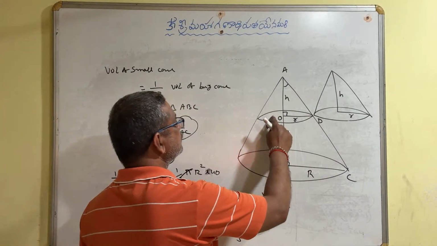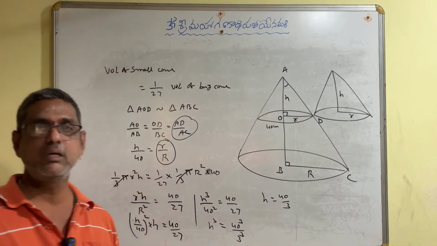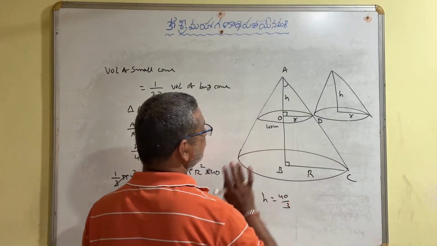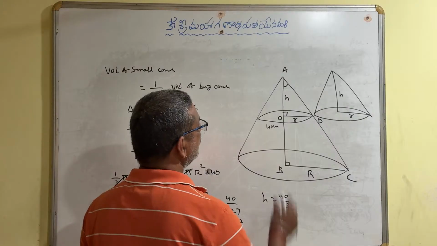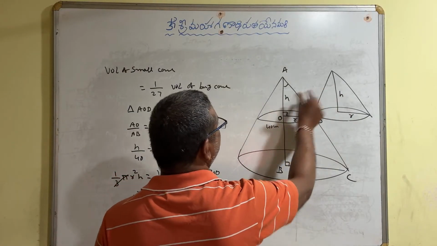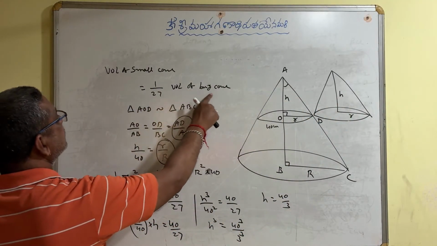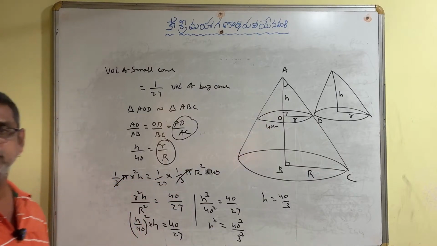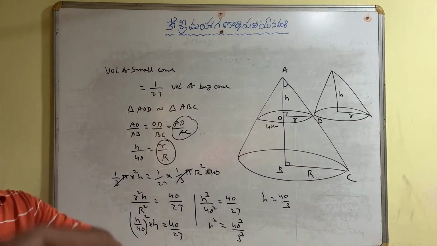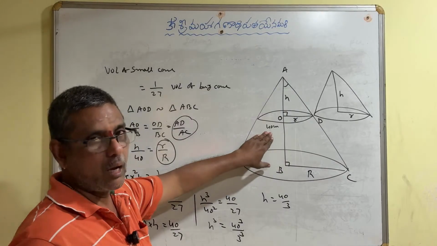Means the top and the bottom are parallel to each other. So it was cut like that. Now this small cone that is taken out, its volume is 1 by 27th the volume of the big cone. Now, first observe this big cone.